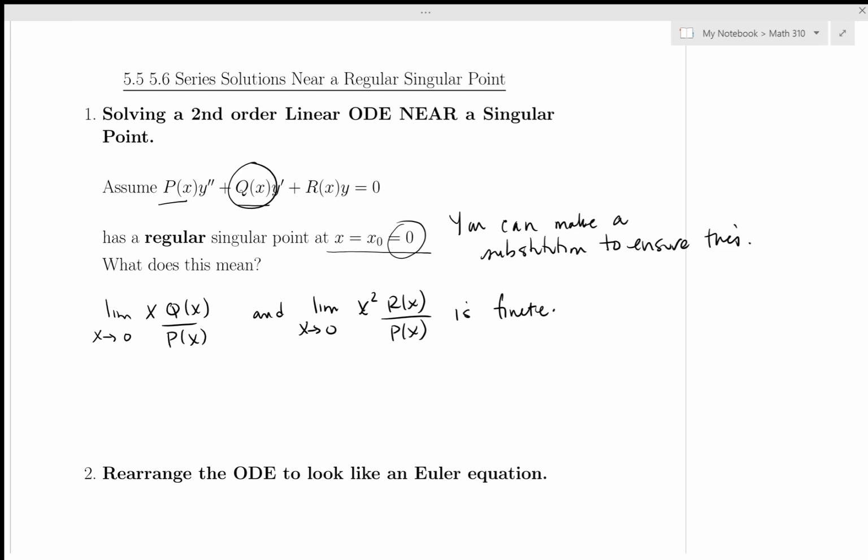Also, we are stating in effect that x times p of x is analytic at x equals 0, meaning that it has a convergent power series. So x times p of x has a convergent power series, and x squared times q of x also has a convergent power series.